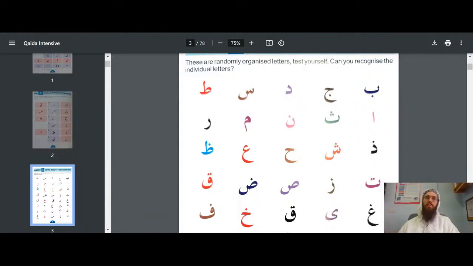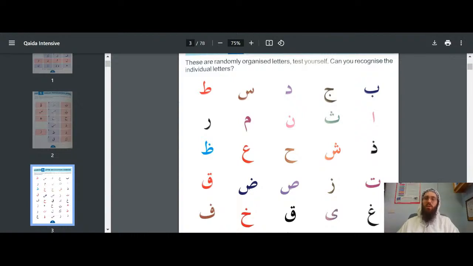So look at this now and make sure that you are at the level where you can identify the letters. And again, there are no cheat codes. You have to pause the video, rewind it. You can pull up the Arabic letters online. Very easy to do. Go through them and make sure you are pronouncing them correctly.